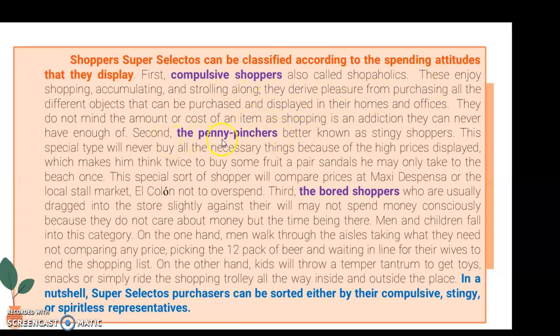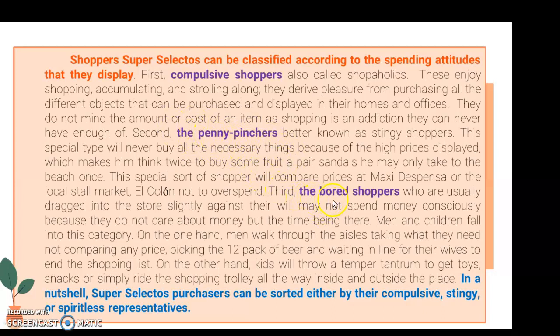Then in the second classification, I present the penny pinchers, which are the stingy shoppers. And then I explain what they do, that is the display of their attitude towards the shopping list and all the things that I say.